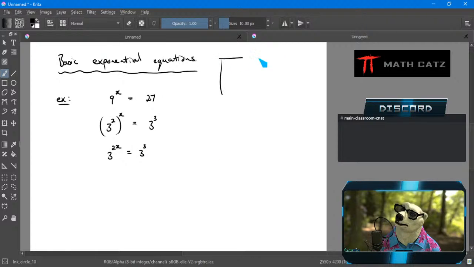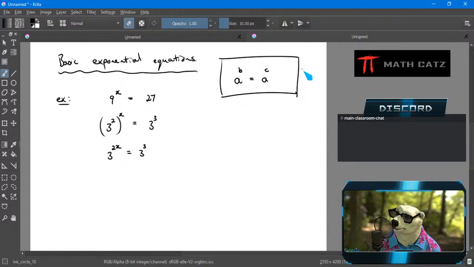Now there's a property of exponential functions and equations that if I have the base to the power of something and the same base to the power of something else, then that is always going to be equivalent to the exponents being equal as well.